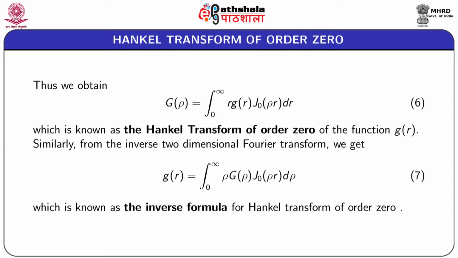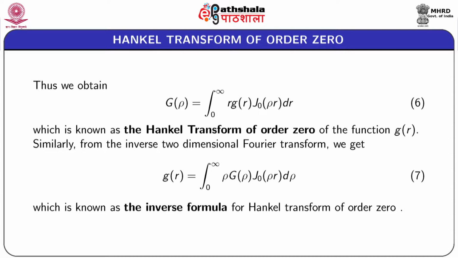Here equation 7 is the inverse formula for HANKEL transform of order 0. So from 6 and 7 we can say that capital G rho is the HANKEL transform of the function small g r, and equation 7 is the inverse transform formula.